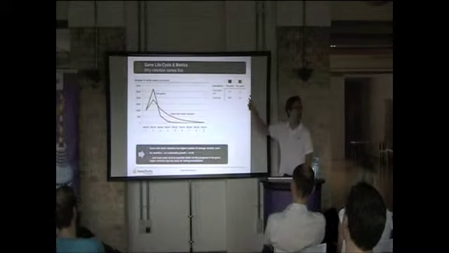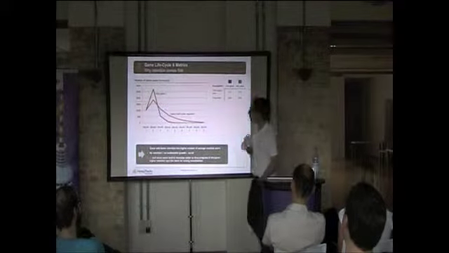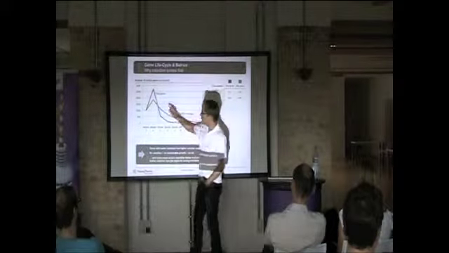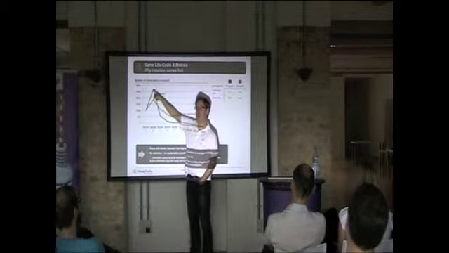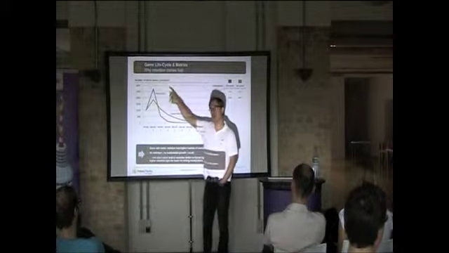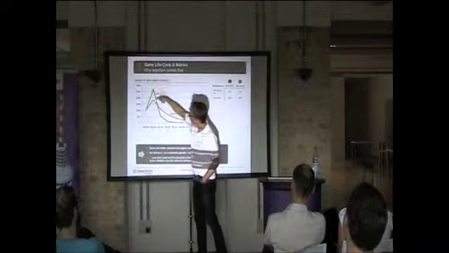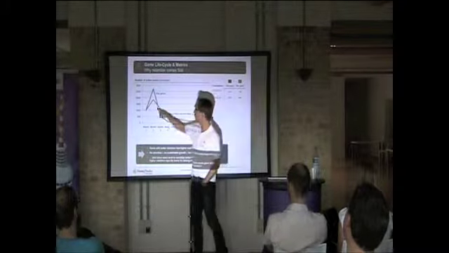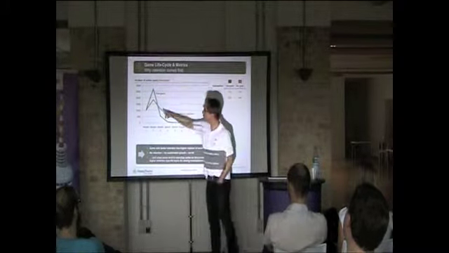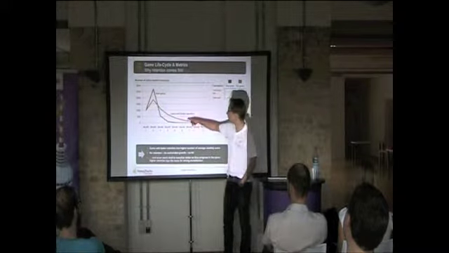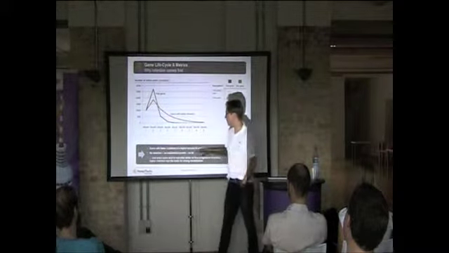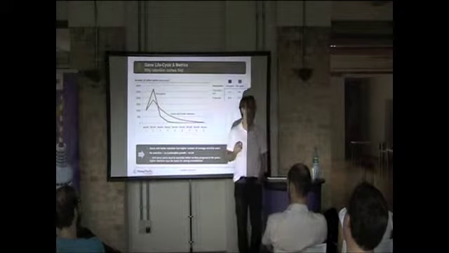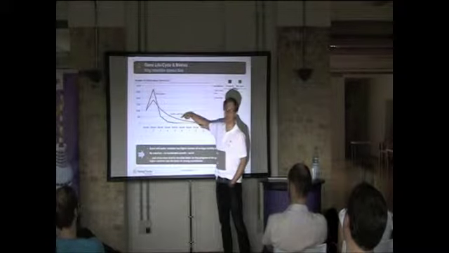What happens with the viral game? It clearly shoots up because it is viral, but then because of the higher churn rate, it drops off really quickly. The game with better retention also goes up, but then the better churn rate kicks in, and on average you have a high number of users in the orange game.